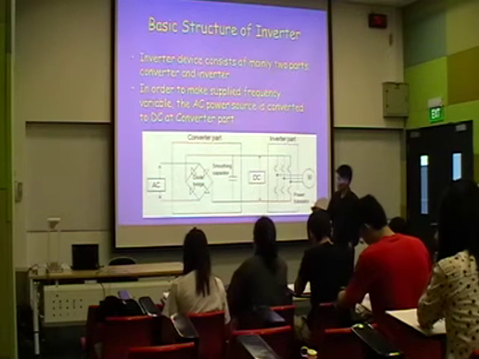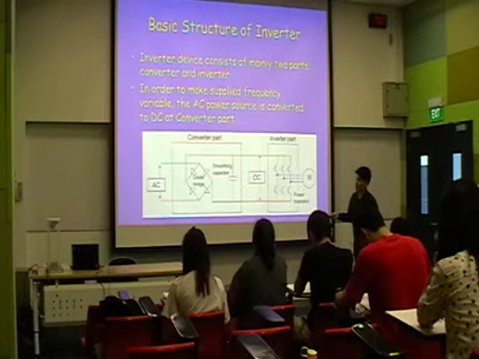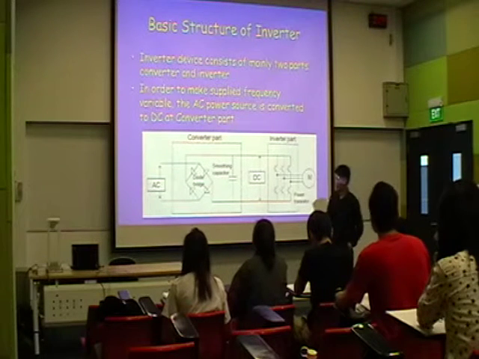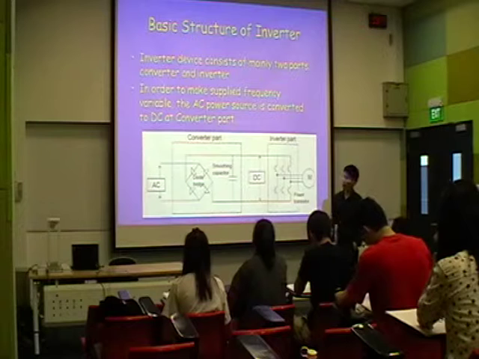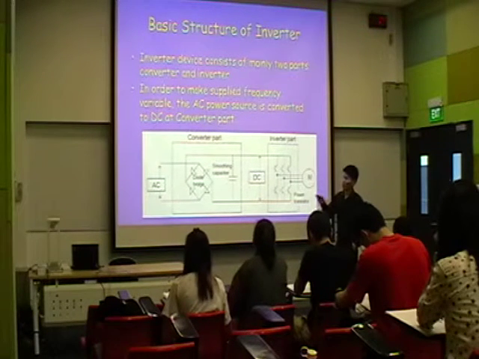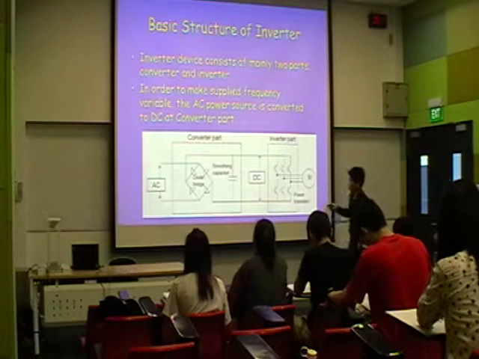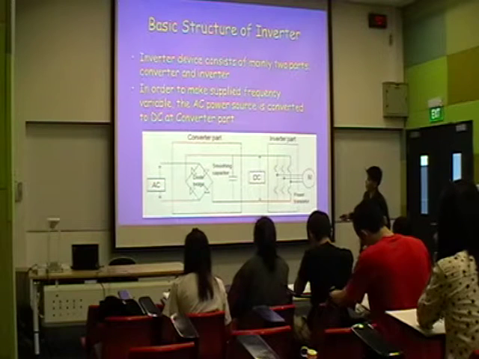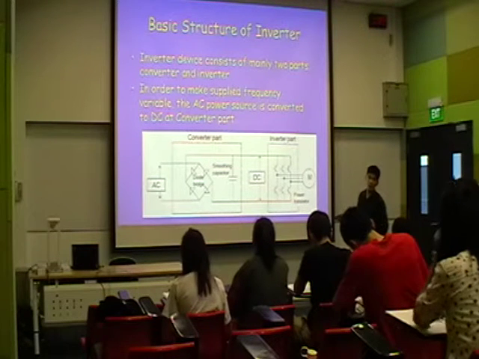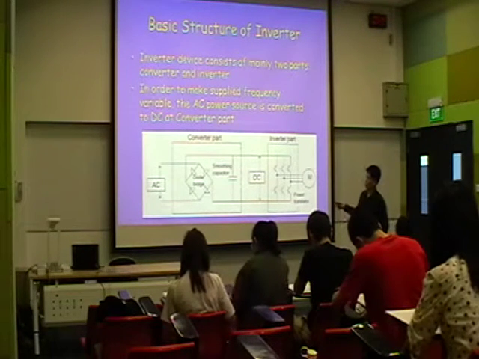The smoothing capacitor makes the DC line less humpy and more smooth, like a straight line. This part helps to increase or reduce the frequency.